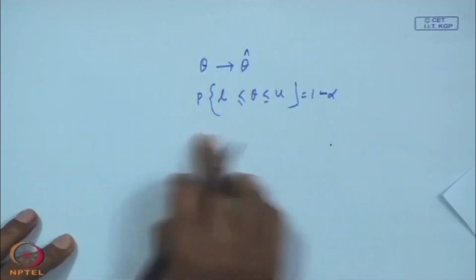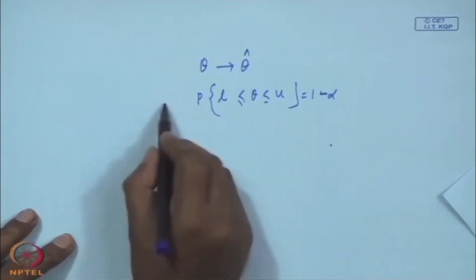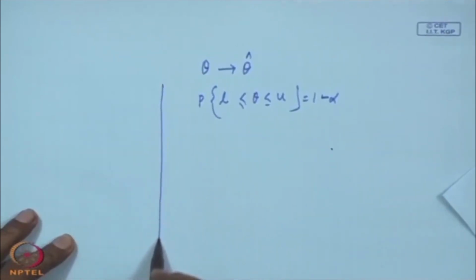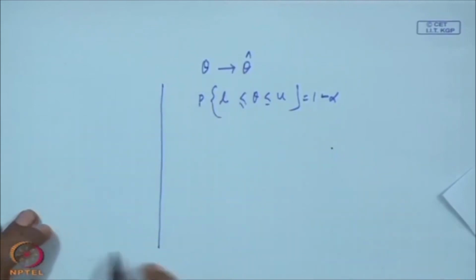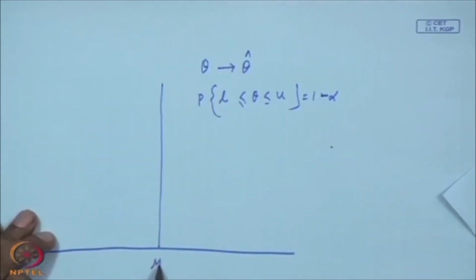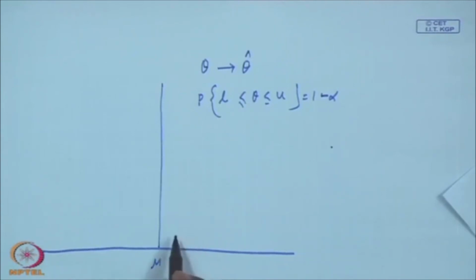Now, let us consider theta is mu, the mean value. Suppose you have collected a sample of size n and computed x bar, and you found the interval is like this.